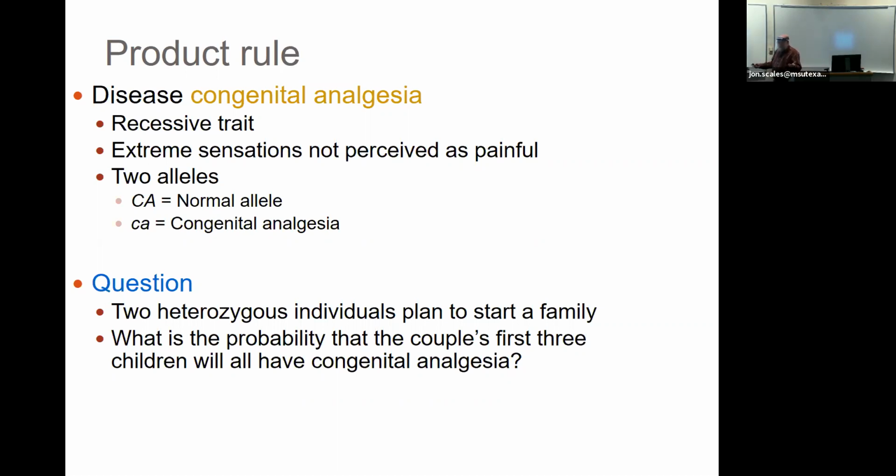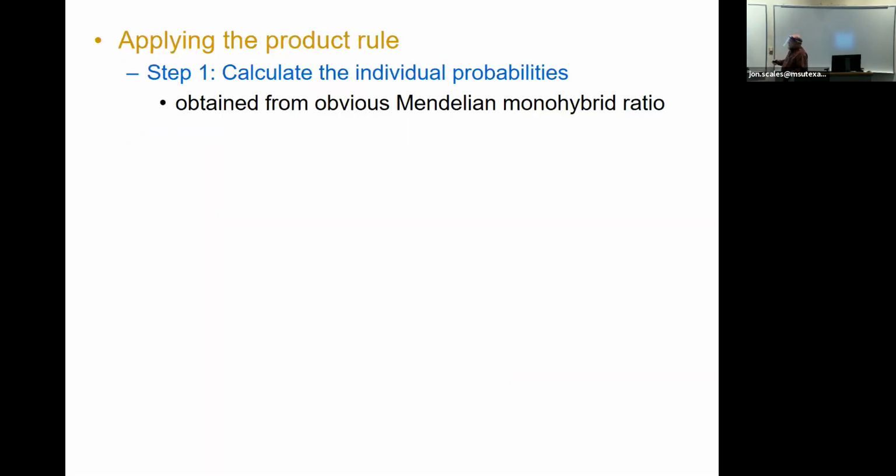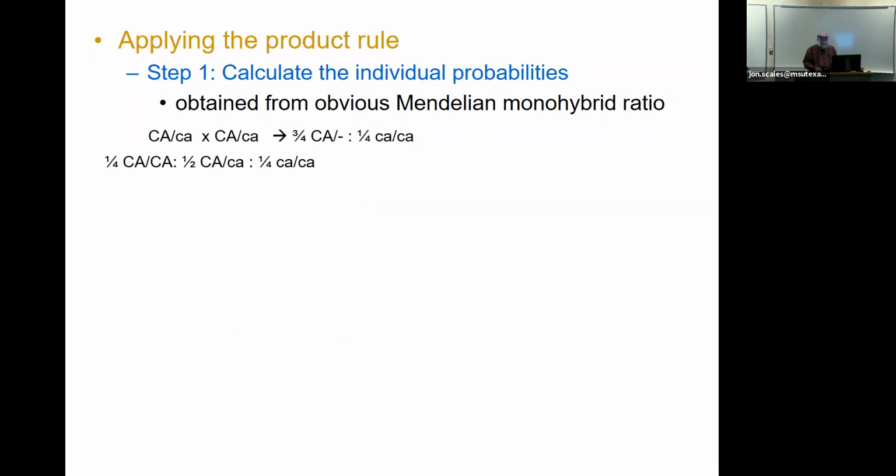So if you're going to start asking questions like that, you're going to need to apply either the product rule or the binomial expansion rule. So first off, it's a monohybrid cross, right? You've got these 2 parents, and if they cross with each other, here are the possible genotypes that could be formed.